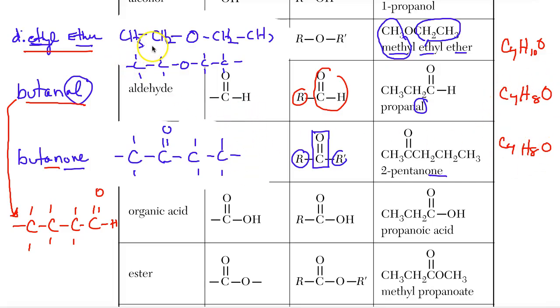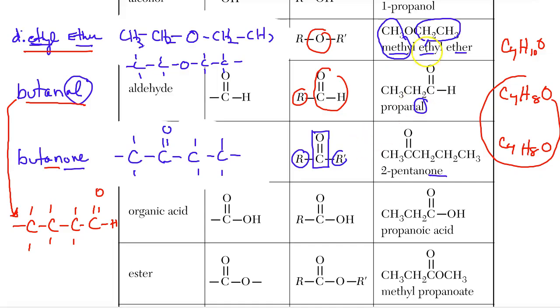Diethyl ether, okay, does not have the same chemical formula. So these two are isomers, the butanol and butanone. But what we know, the reason they are called different chemical compounds is because of the different arrangement of atoms. As I'll say in different parts of this class, structure is king.